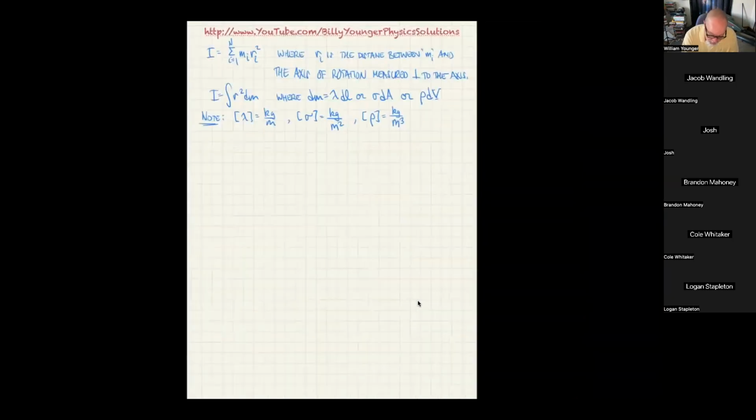So let me, for instance, consider a thin rod. So I'm going to say a thin rod is like this. Okay. And that seems to span 1, 2, 3, 4, 5, 6, 7, 8, 9 of these.